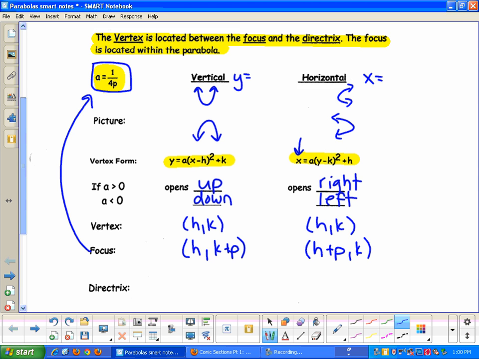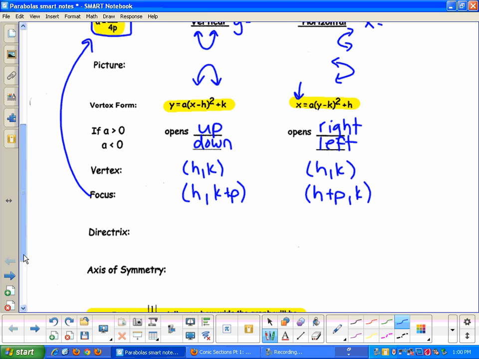Now, another thing to talk about is that your focus is always on the inside of your parabola. So when we look at some more pictures of these, that'll make some more sense. The directrix is going to be y equals k minus p, and x equals h minus p.